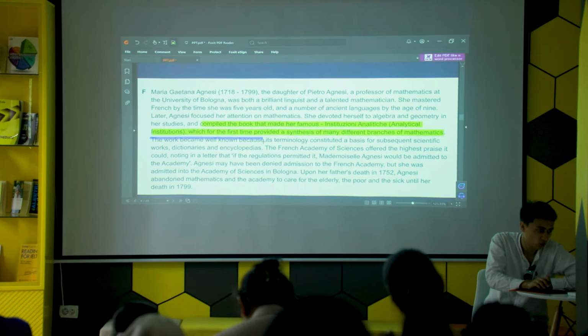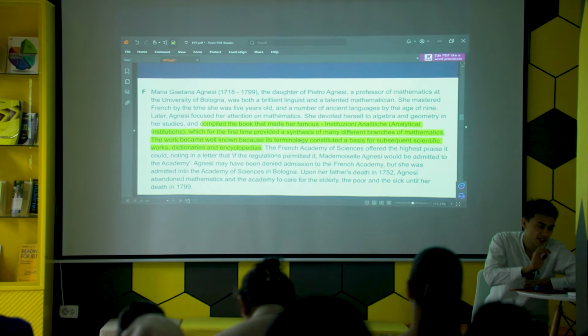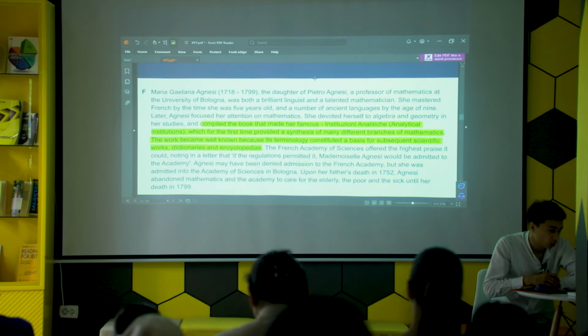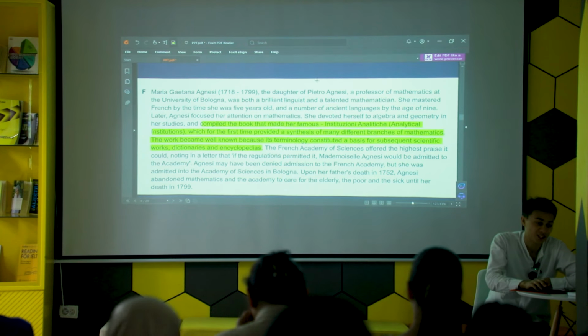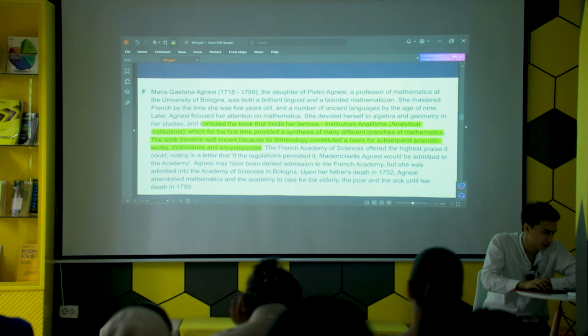The work became well known because its terminology constituted a basis for subsequent scientific works and dictionaries and encyclopedias. The French Academy of Sciences offered the highest praise it could, noting in a letter that if the regulations permitted it, Mademoiselle Agnesi would be admitted to the Academy.